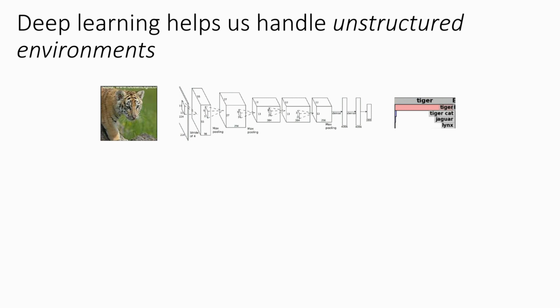So deep learning models, deep neural networks, are very good at handling unstructured environments because they can learn from large amounts of data, they can discover patterns, and they can process raw sensory inputs like image pixels. So you could build a deep network that will look at an image and tell you that this is an image of, in this case, a tiger.